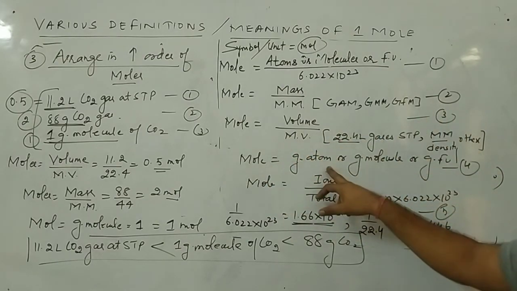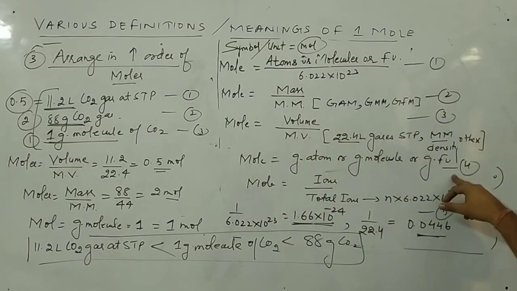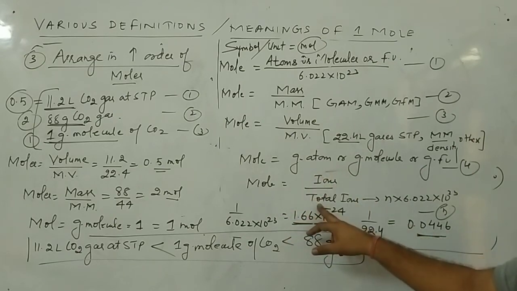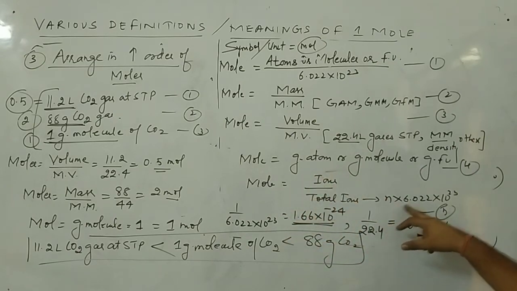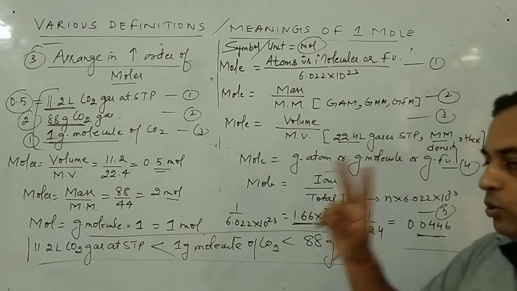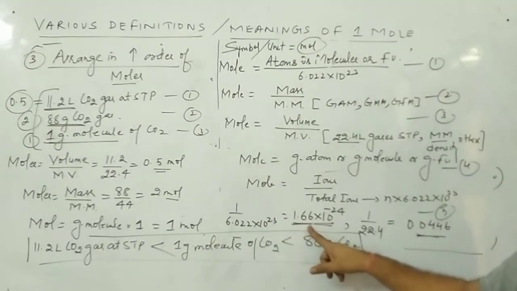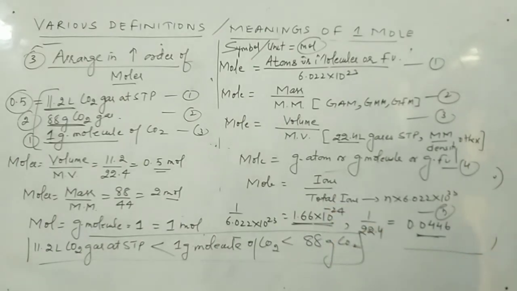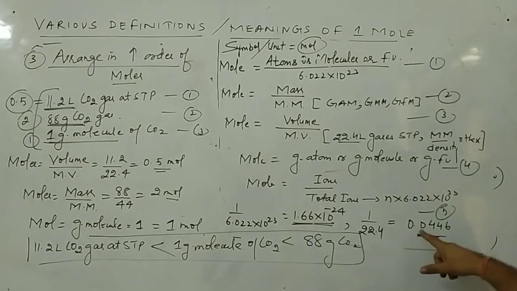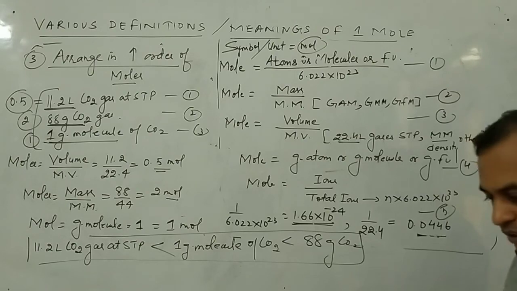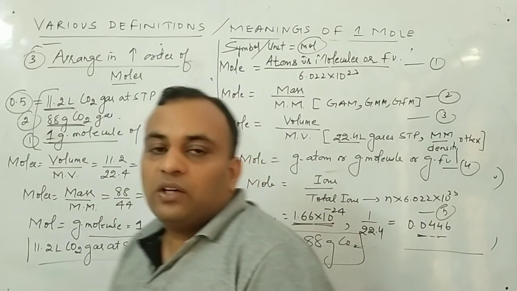Then mole equal to gram atom, gram molecule, or gram formula unit. Mole equal to ion upon total ions. Total ion is equal to n into Avogadro number. And remember two mathematical data: 1 upon Avogadro number is always 1.66 into 10 power minus 24, whereas 1 upon 22.4 is equal to 0.0446.